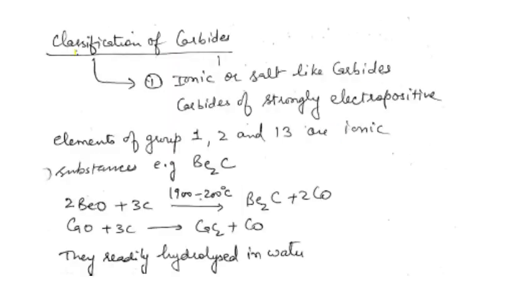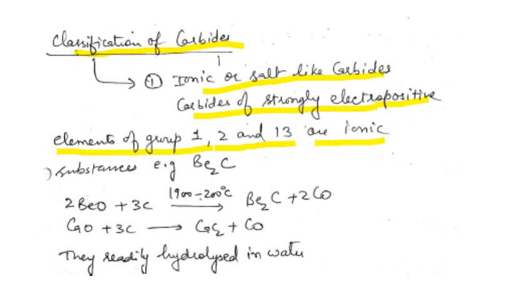So let's understand the different kinds of carbides in the classification of carbides. The first is the ionic or salt-like carbides of strongly electropositive elements of groups 1, 2 and 13, which are ionic substances.